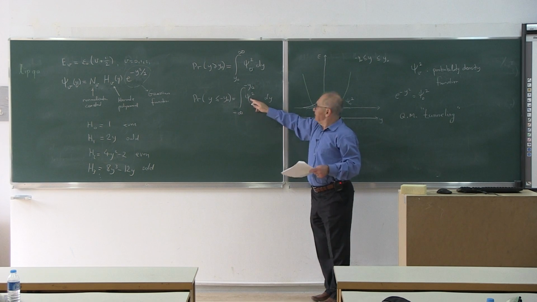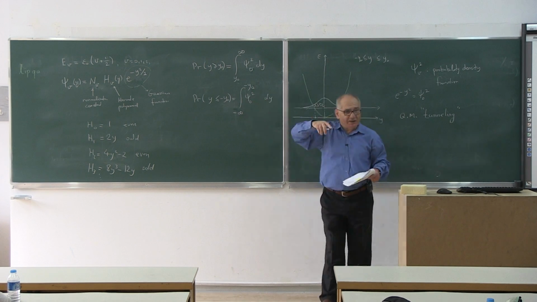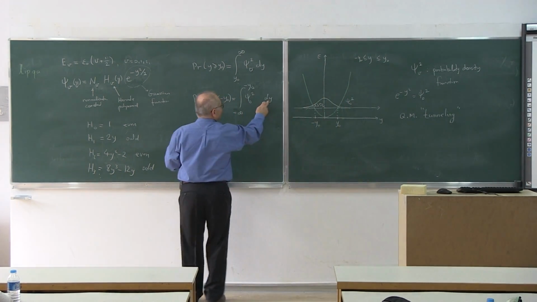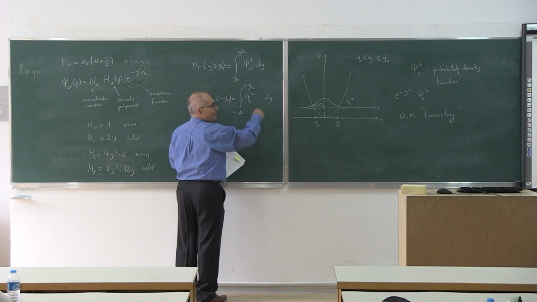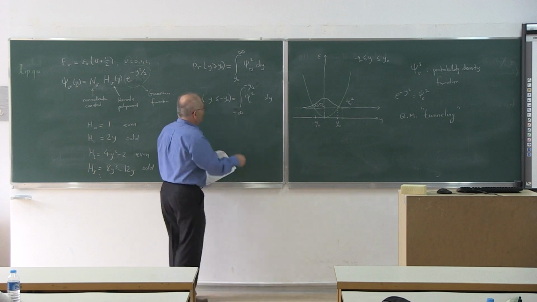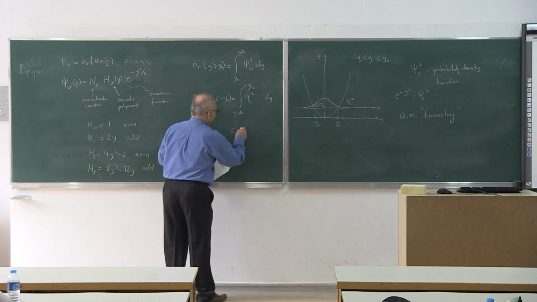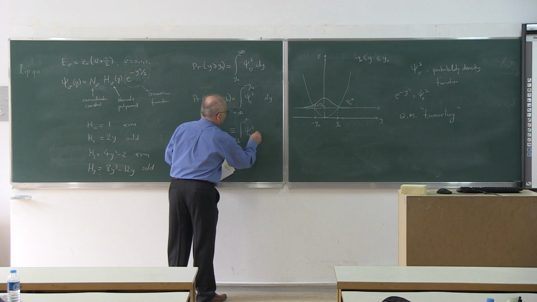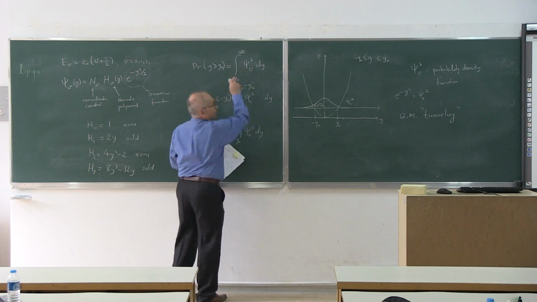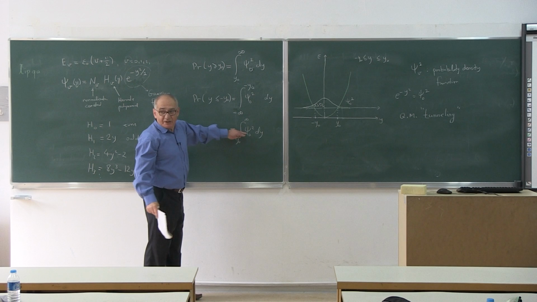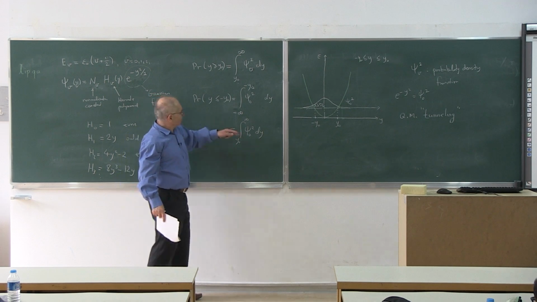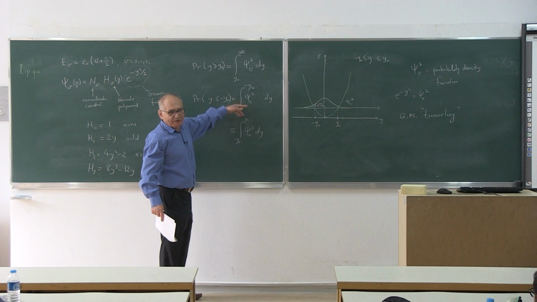Because the square of the wave function is an even function, by changing the variable of integration, you may see that this expression is the same as this expression above, because psi 0 square is an even function. All right? You use the property of integration.